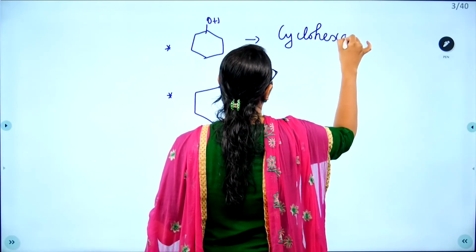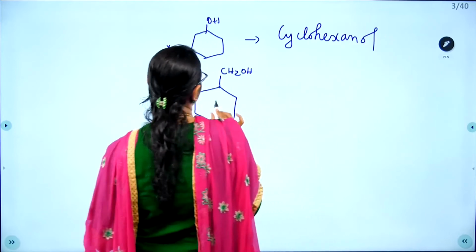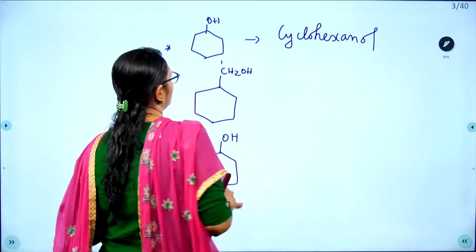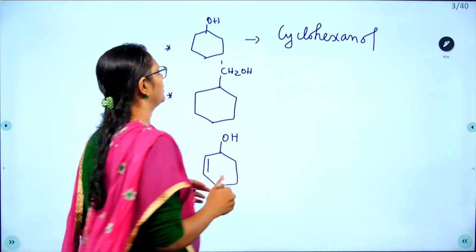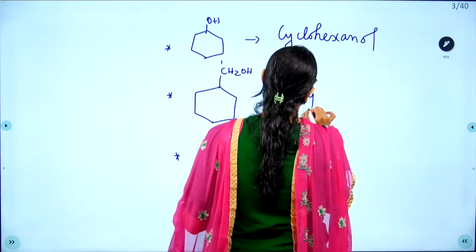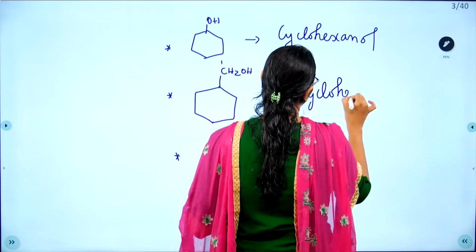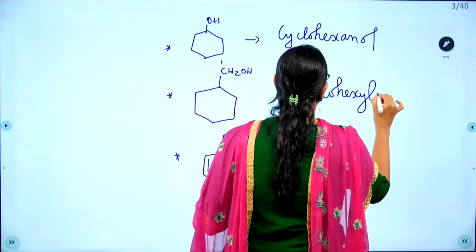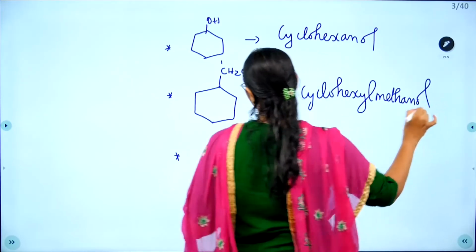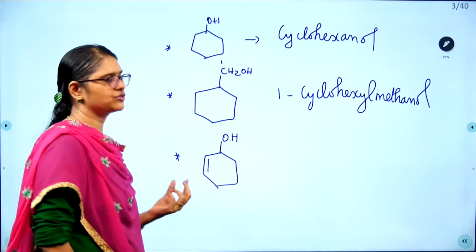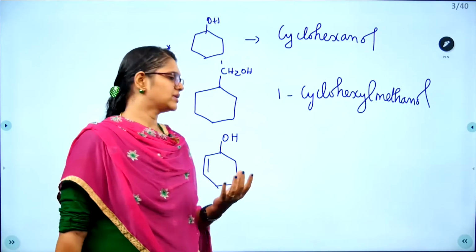What about this? It is cyclohexylmethanol. You can't say phenyl, because it is not a benzene ring; it is cyclohexyl.